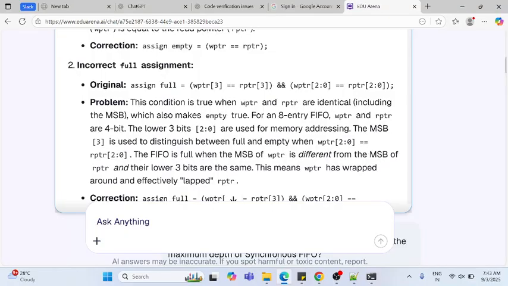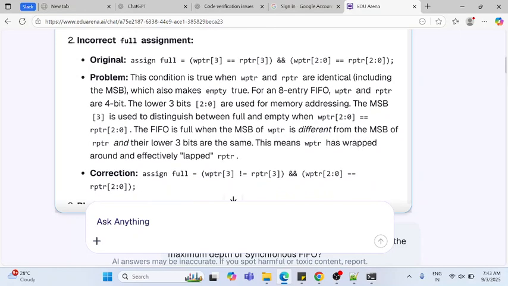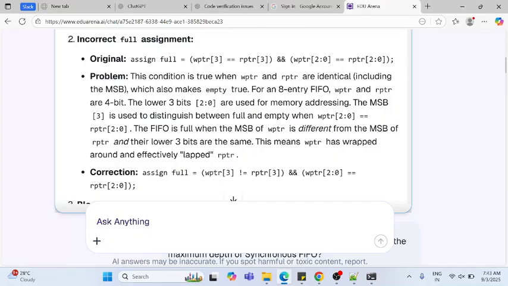This condition is true when write pointer and read pointer are identical, including the MSB, which also makes empty true. For an 8 entry FIFO, write pointer and read pointer are 4 bit. The lower 3 bits are used for memory addressing, so they should be checked. That condition is correct. Among the two conditions, checking whether the LSBs of write pointer are equal to read pointer is correct.